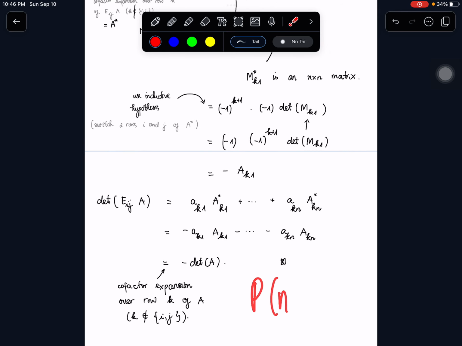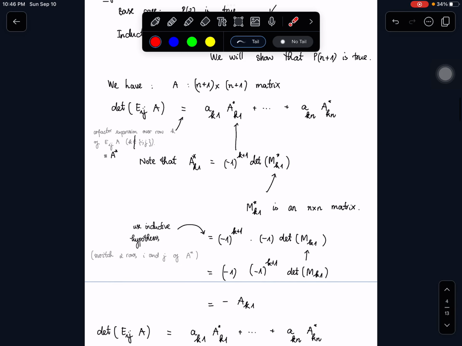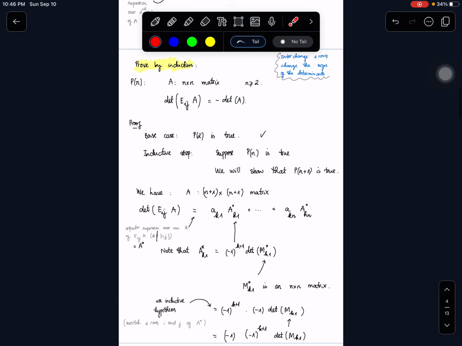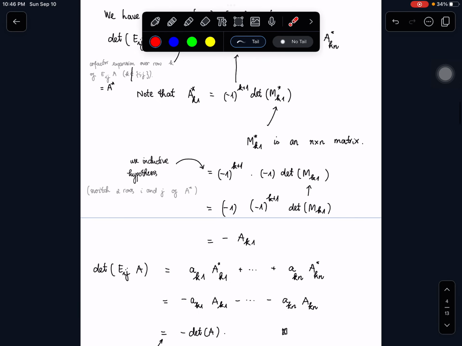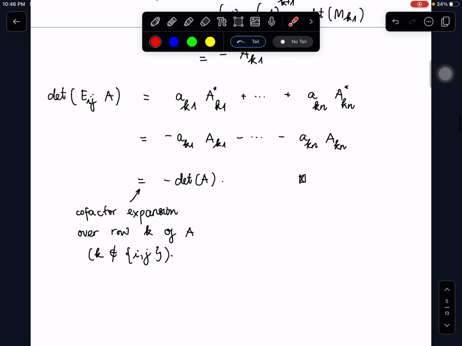We proved that Pn plus 1 is true using the inductive hypothesis. Therefore Pn is true for all n greater than or equal to 2. At the end, what we need to remember here is that if we exchange two rows of a matrix, the determinant changes the sign.